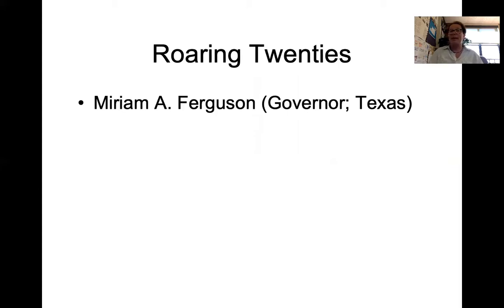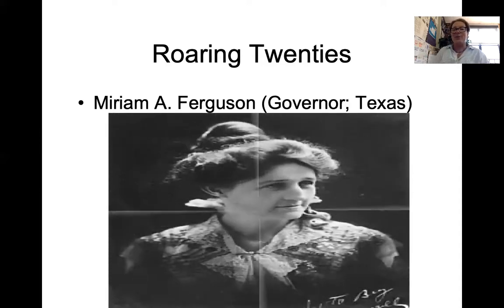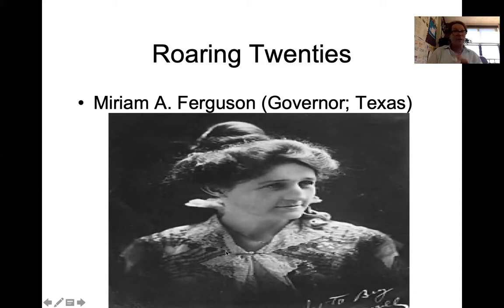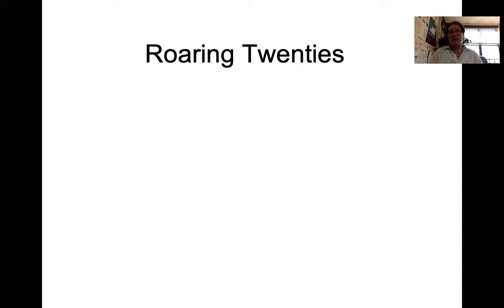Her name is Miriam A. Ferguson, who became the very first female governor of the great state of Texas. Hook 'em horns. Mrs. Temez, of course, went to school at the University of Texas at Austin. And if you direct your attention to the overhead screen, this is a photograph of Miriam A. Ferguson. Notice her hairstyle and even her attire, a lot more like what you would have seen in the Victorian era 130 years ago.